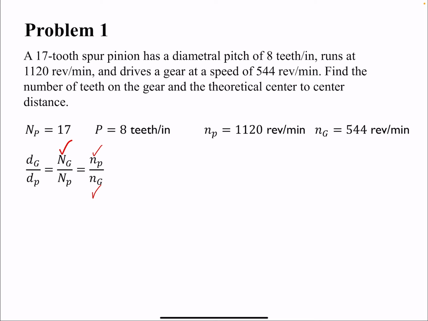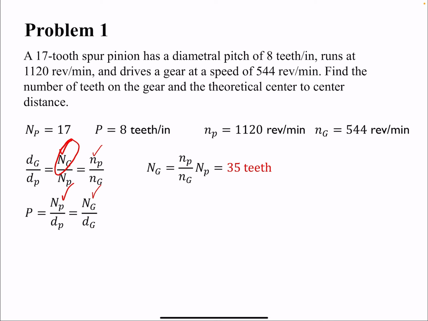The number of teeth on the gear is what we want to find. Then we can find the number of teeth on the gear. That would be 35 teeth. So it's higher than the pinion. That's one way to check it. It's the bigger gear of the two.